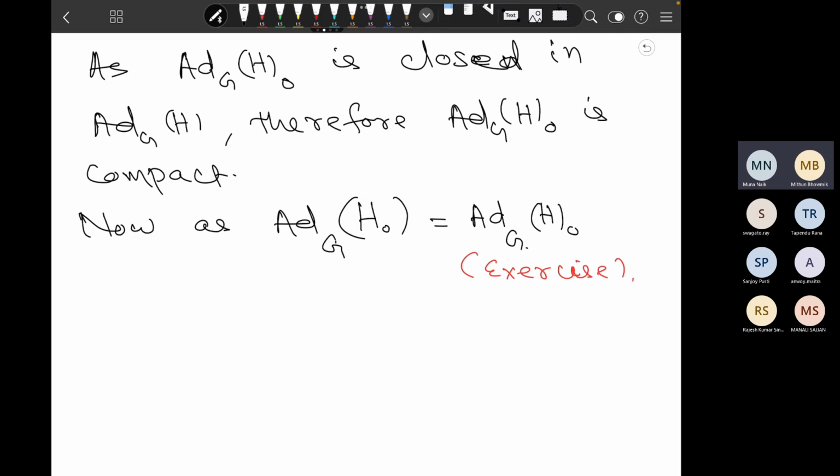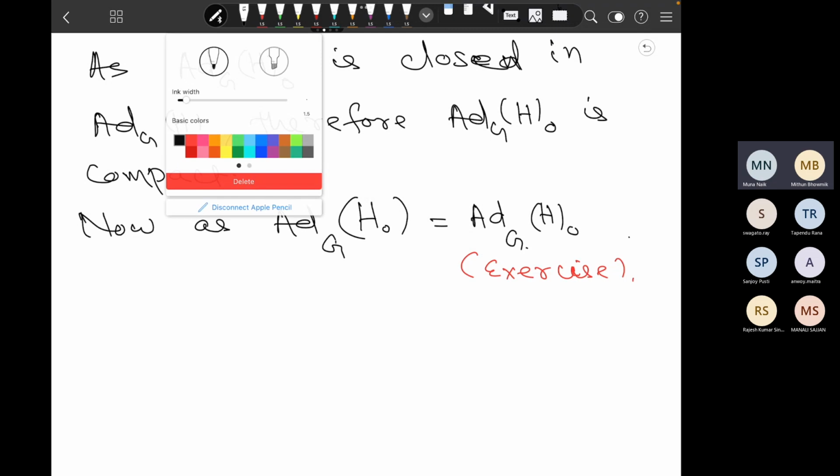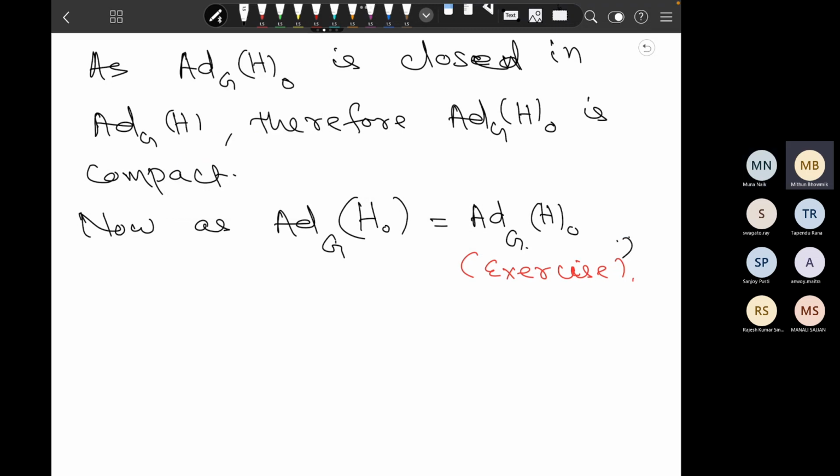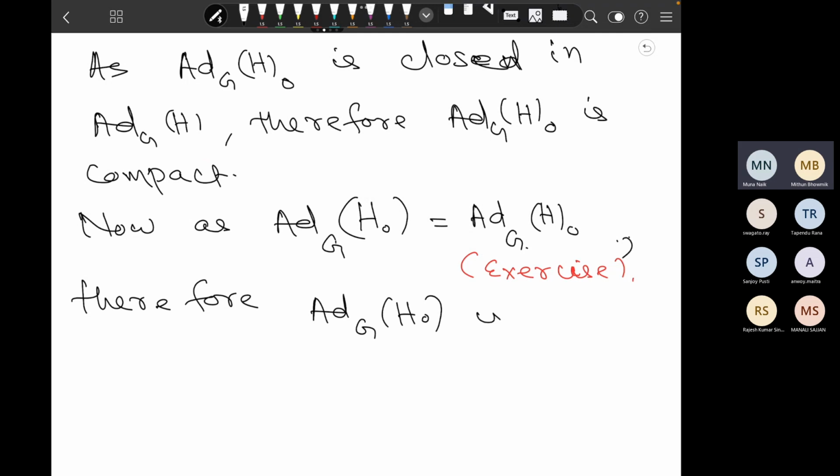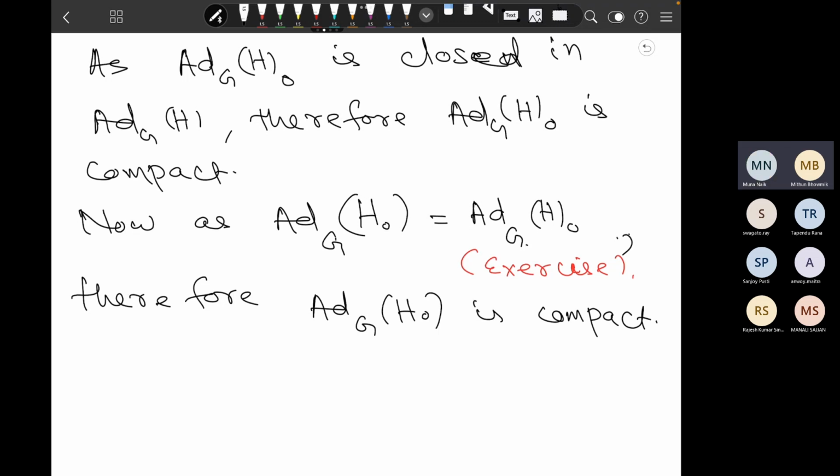RGH0 is equal to really RGH0. Therefore, this RGH0 is compact. Now we are in the previous situation where G and H0 both are connected and RGH0 is compact.